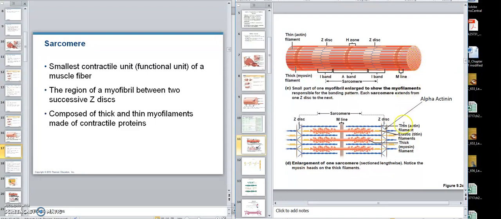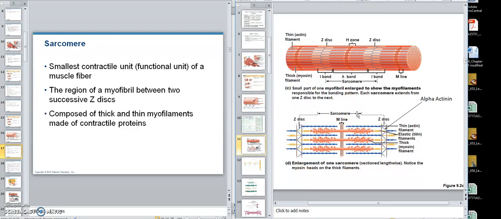Now, right here where that alpha-actinin is, you see how this looks Z-like. So this is called the Z-disc or Z-line, and this is where the actin is hooked together. Between 2 Z-discs or Z-lines is 1 sarcomere, which is the functional unit.